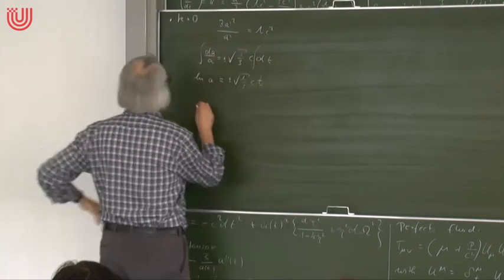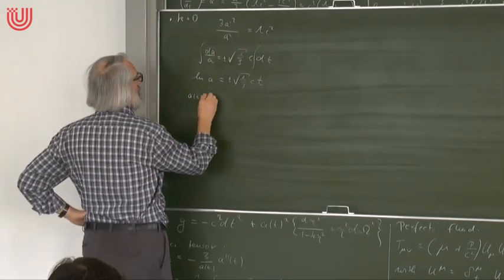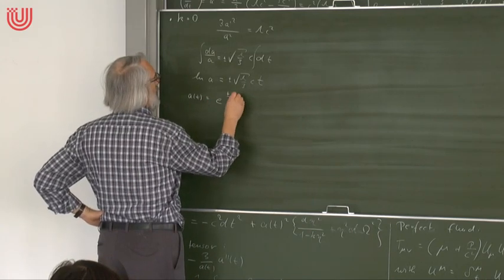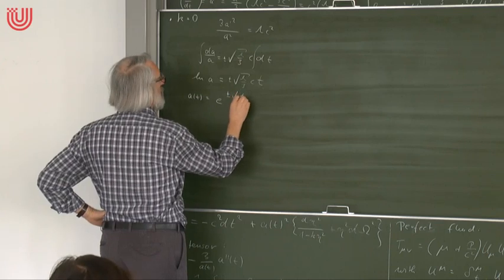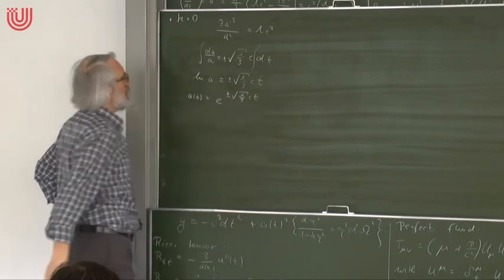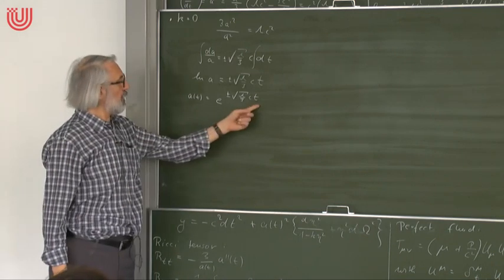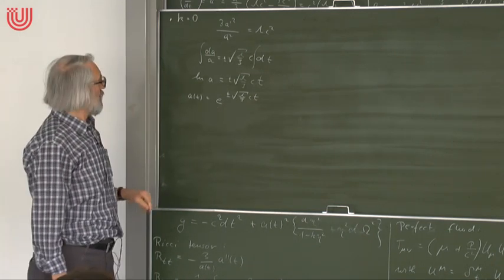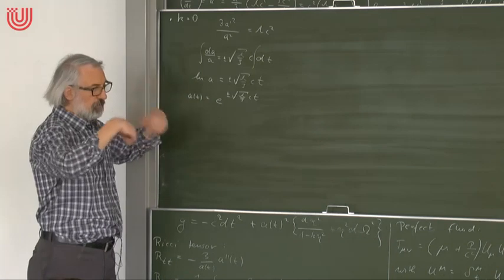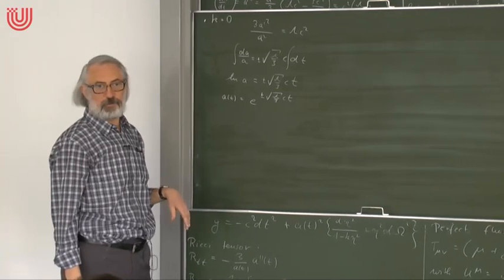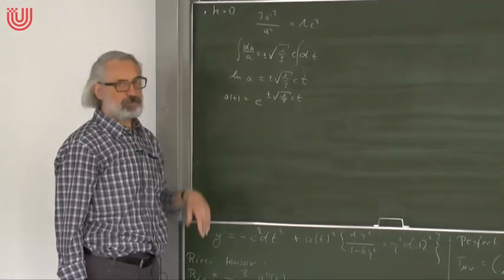So we have a of t is the exponential function with a plus or minus factor, root lambda over 3 ct. So there are two solutions. You see, one is expanding, one is contracting. And one obviously is exactly the time reverse of the other. So actually it suffices to study one of them. We get the other one just by replacing t with minus t.